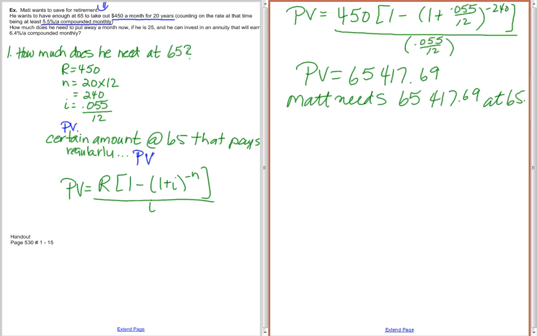We want to get him there. So in order to save to 65,417 at 25, he needs regular payments. We don't know. His interest rate now is 6.4% compounded monthly. He is going to save for 40 years.